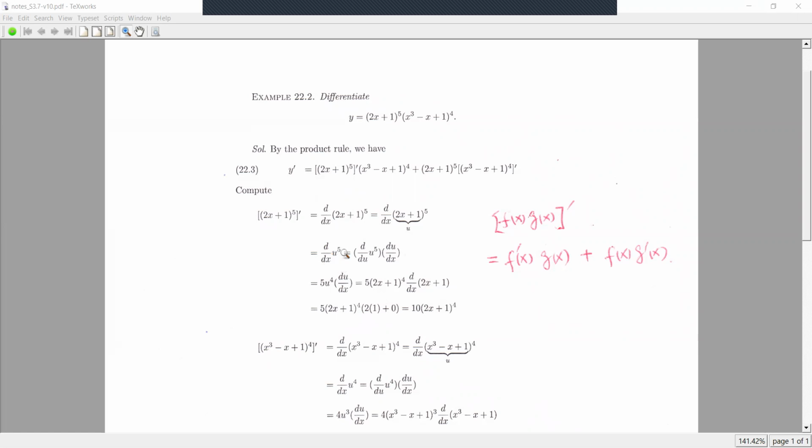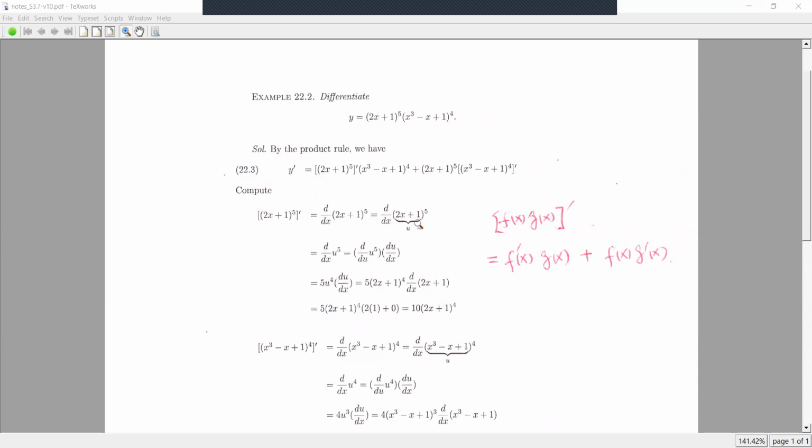Now, to compute this derivative, we need the chain rule. Insert du to the bottom and du to the top. This is a product of two derivatives. The first derivative is the derivative of u to the fifth with respect to u. The answer is 5 times u to the fourth.